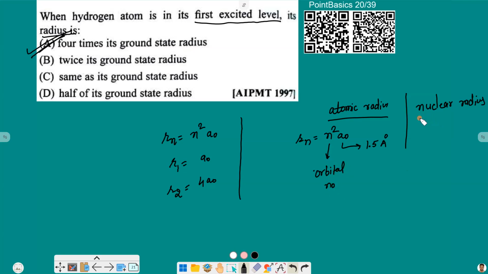Now for the nuclear radius, we have that radius of a nucleus is equal to R naught times A raised to power 1 by 3, where R naught is 1.2 Fermi, or 1.2 into 10 raised to power minus 15 meter, and this A is the nuclear mass, which is a sum of proton plus neutrons. So you have to remember these two, and they are separate things.